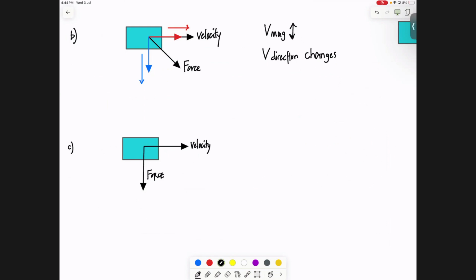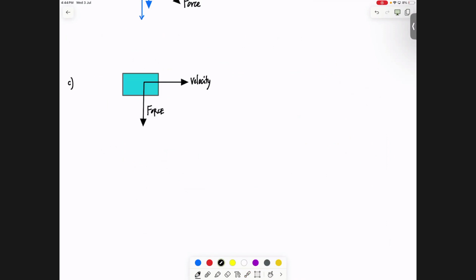Remain constant. But there is a force though, and that force and that component is supposed to change what? Direction, right? So the object, because of this perpendicular force, will change direction, but won't change what? Magnitude.